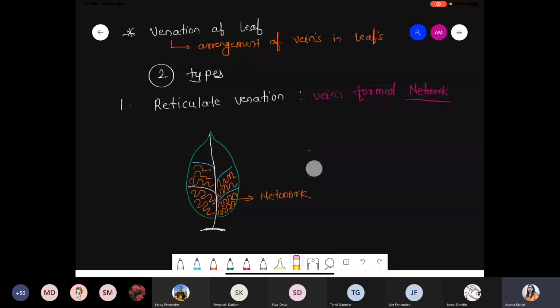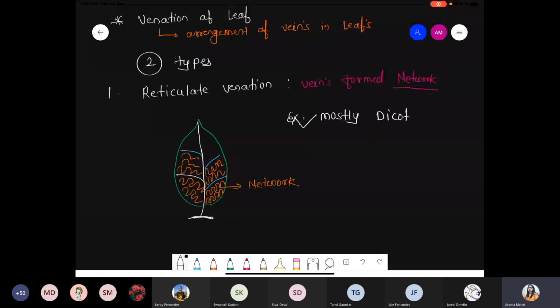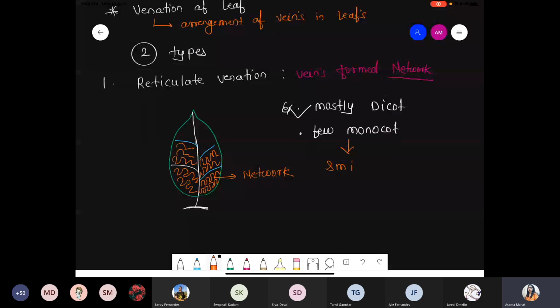Reticulate venation is mostly present in the case of dicots, but it is also present in a few monocots. And write out the examples. The first example is Smilax, which is an example of a monocot.